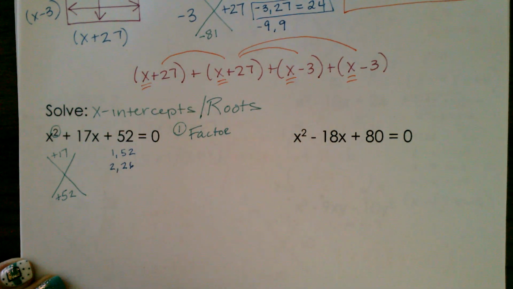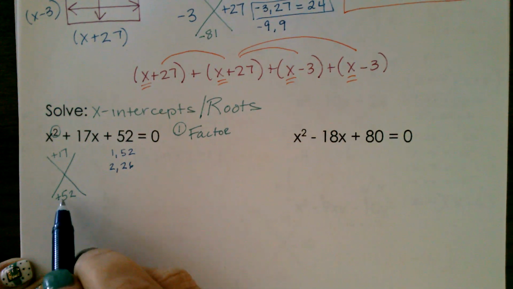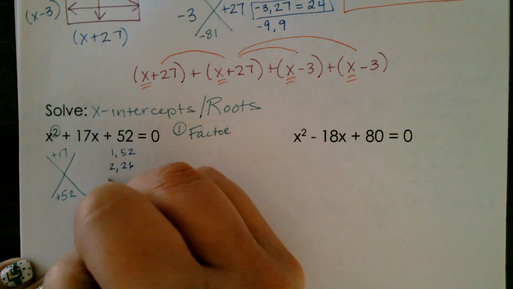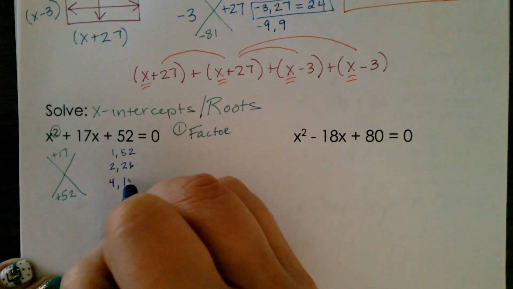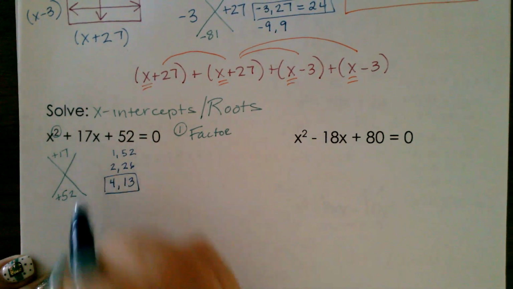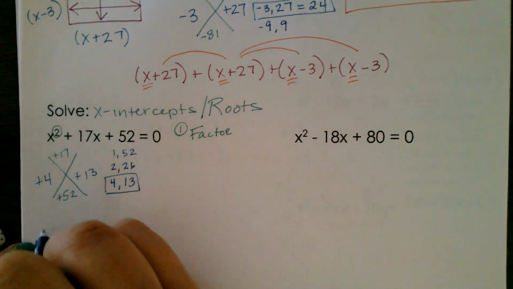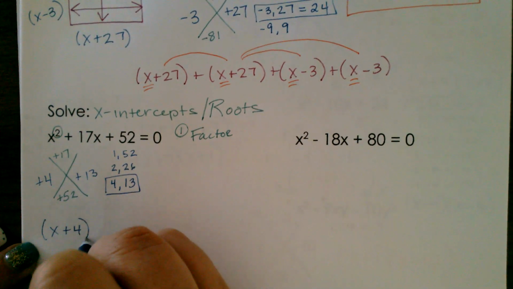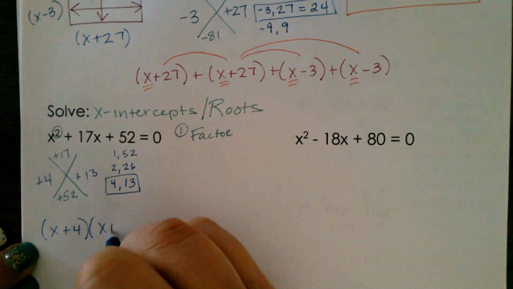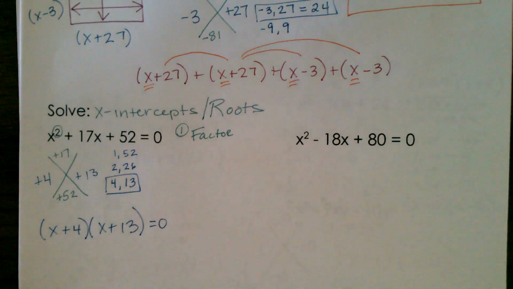When I add those together, that's not enough. 3 goes in there, nope. 4 goes in there 13 times. Ooh, not a multiple I would have thought of. Plus 4 plus 13. So x plus 4 times x plus 13 equals 0.